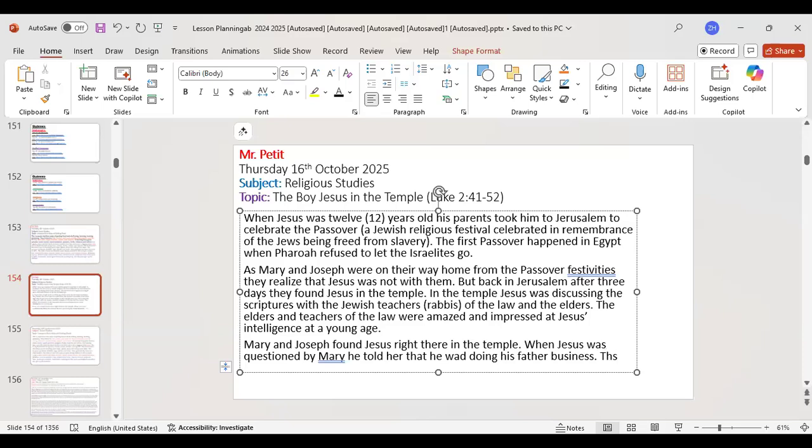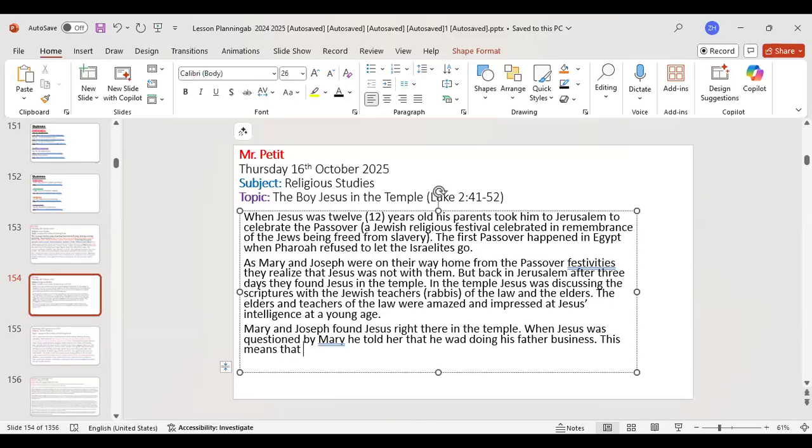This means that they did not need to worry themselves, because he was always going to be found doing what his Father in heaven instructed him to do.